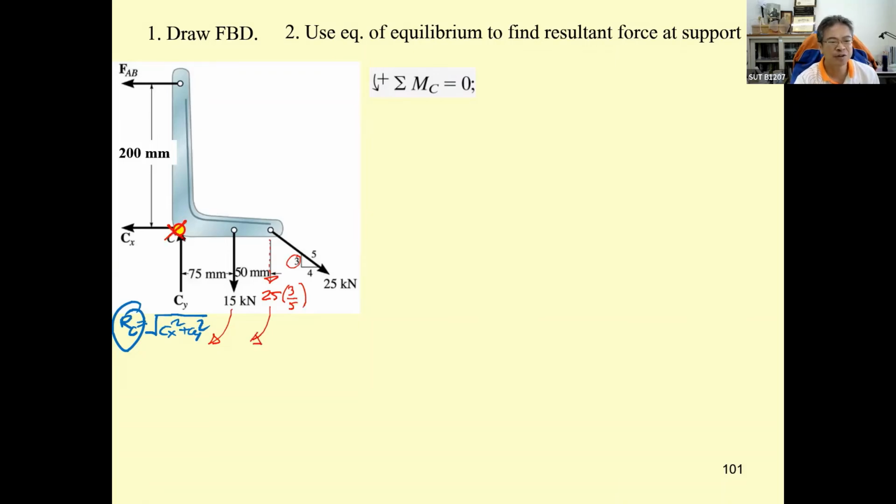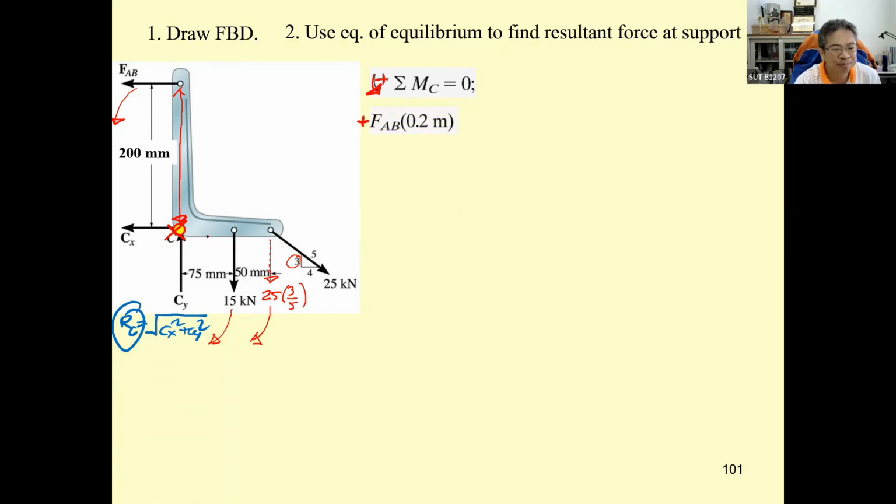F sub AB will be in this direction. And then they said clockwise rotation is positive. So F sub AB times 200 millimeter is going to produce the positive moment.